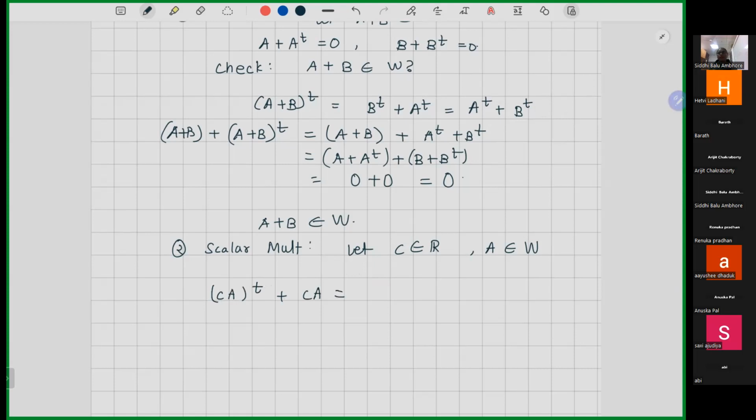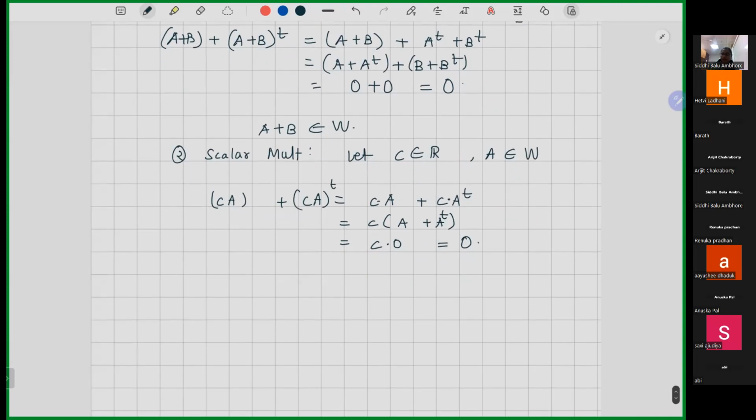What is CA transpose? It is just C into A transpose. Plus C into A. And this is C into A transpose plus A. It will be C into 0, and this is 0.